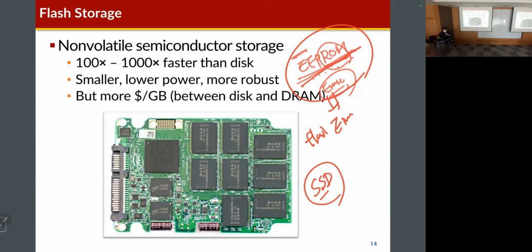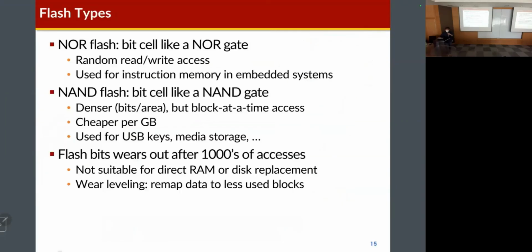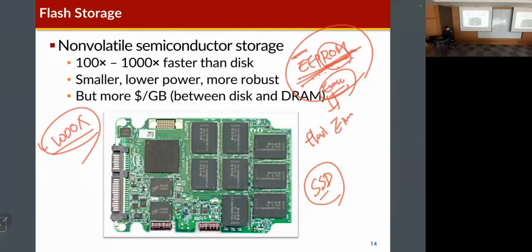So we use the flash memory as the main storage medium in the SSD. As you can see, this is the chip, which is much faster than the hard disk drive, but the latency is higher than the DRAM, about 1,000 times slower than the DRAM.